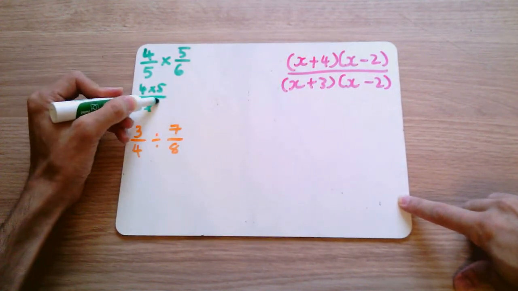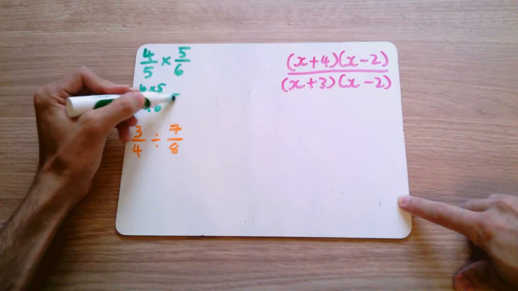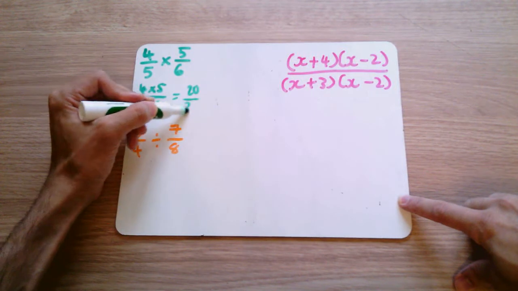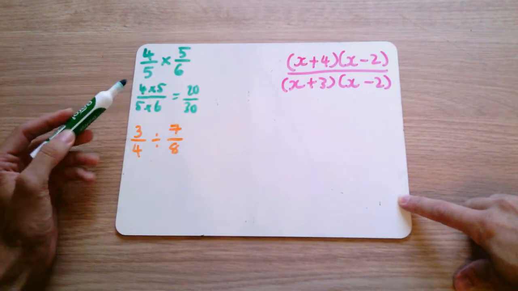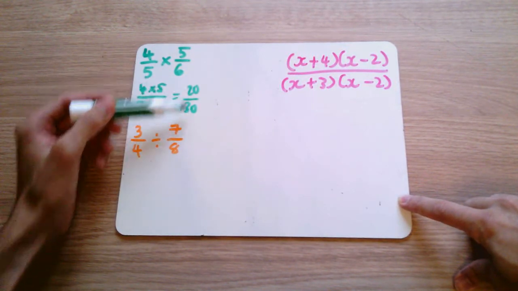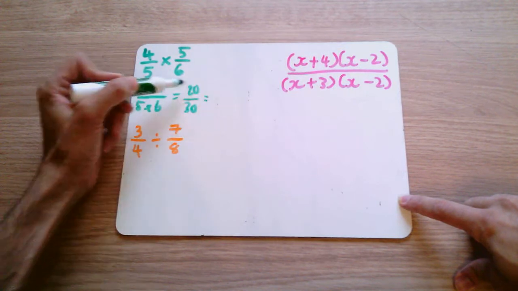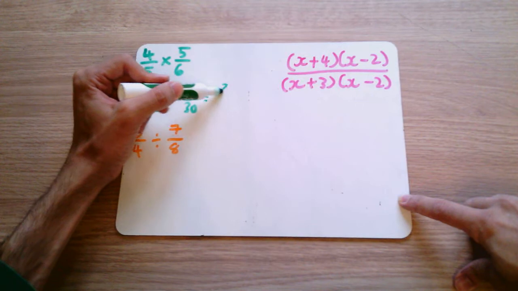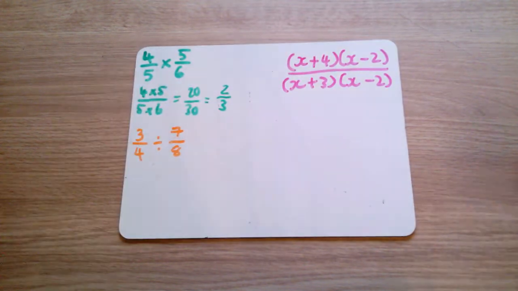So 4 times 5 is 20, 5 times 6 is 30, and then very simply here, we can cancel out here or simplify these fractions by dividing the numerator and denominator by 10, giving us an answer of 2/3.